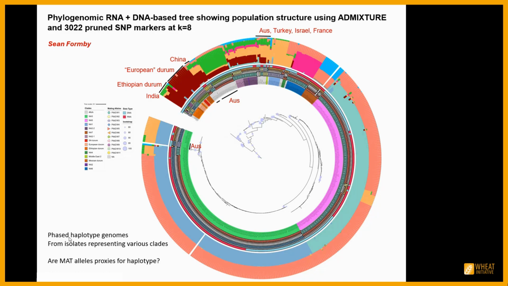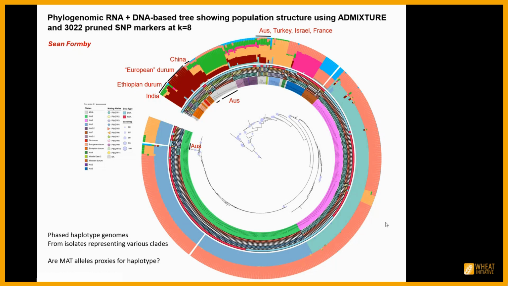So we now also have phased haplotype genomes from isolates representing all these different clades. And we're trying to sort this out in the next half year. One of the things that we started with, when we found these nice identifications of mating type alleles, is whether we can use the MAT alleles as proxies for haplotype.